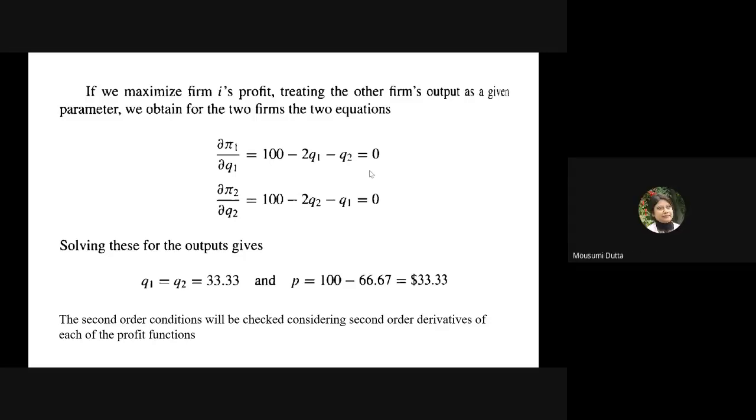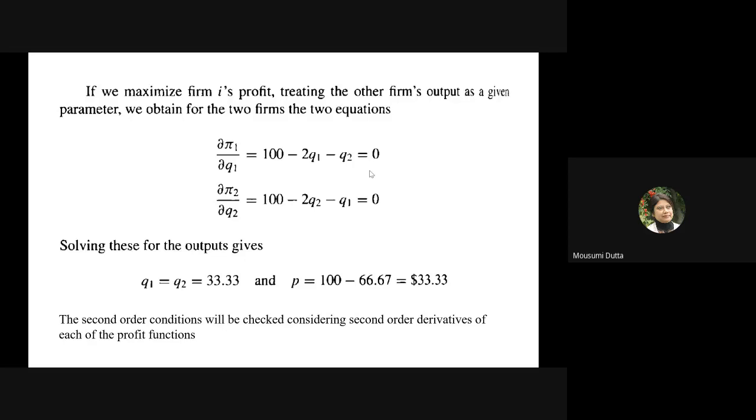Following the same logic, if we consider the first order condition for the second firm, we will consider Q1 to be given. Both the firms are deciding in a similar way. The strategic behavior of both the firms is identical. So for the second firm, Q1 will be the given parameter, and therefore when we consider the first order condition, we get 100 minus 2 Q2 minus Q1 is equal to 0.